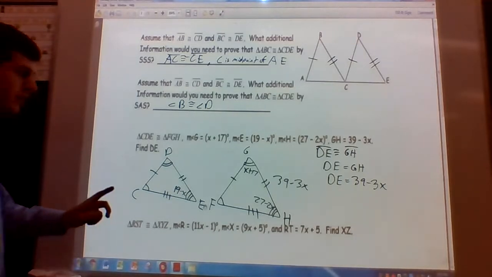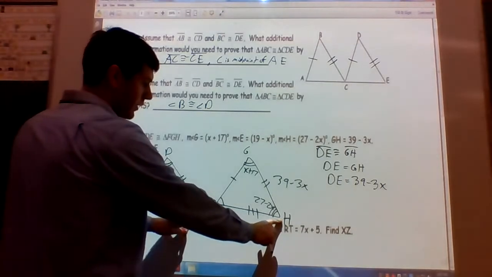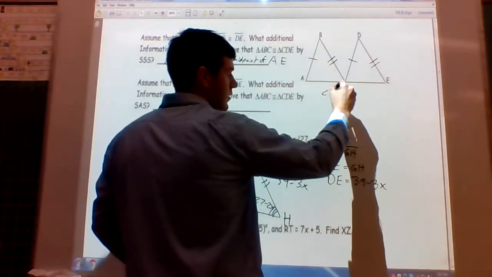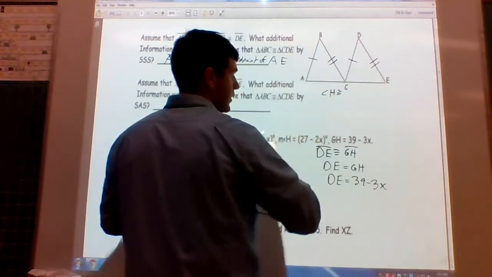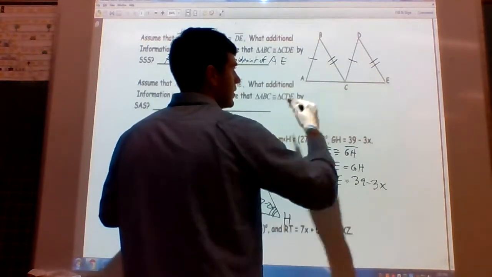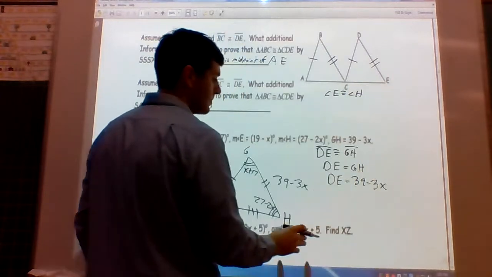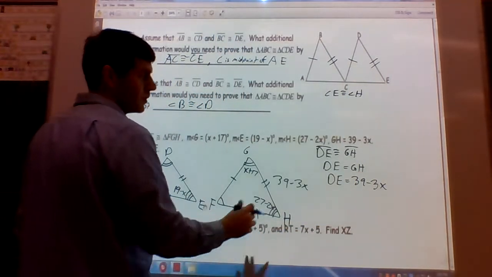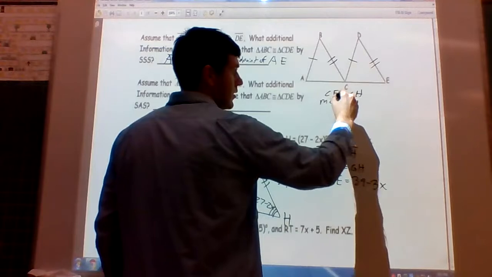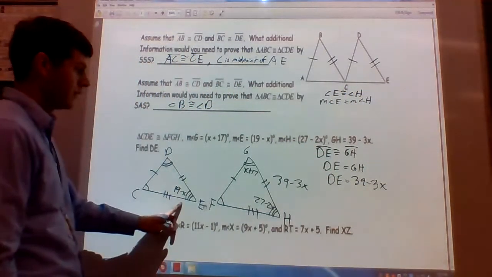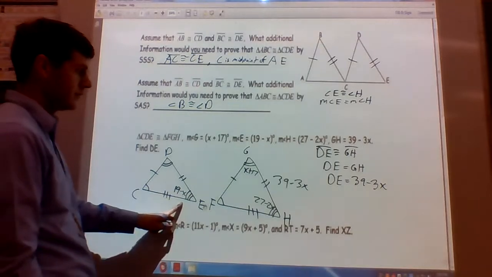And if we look at angle E and angle H, we know angle E and angle H are congruent. Angle E is congruent to angle H. So we know the measure of angle E is equal to the measure of angle H. The measure of angle E is 19 minus x.